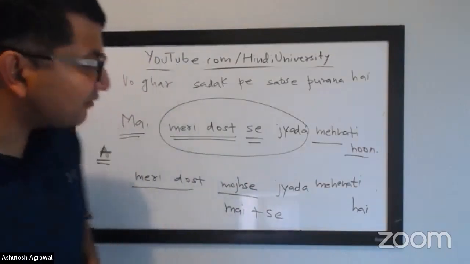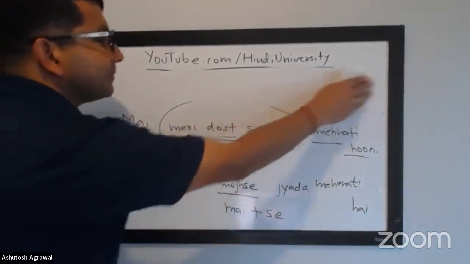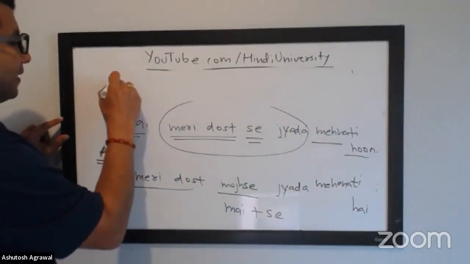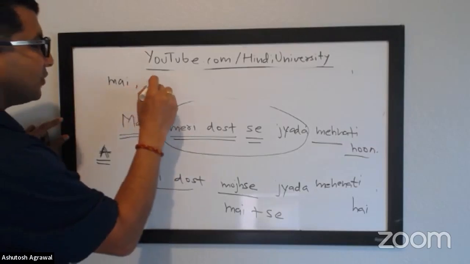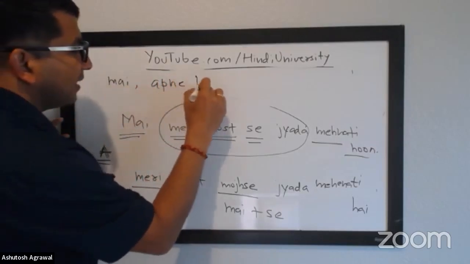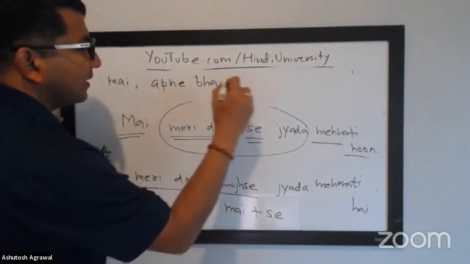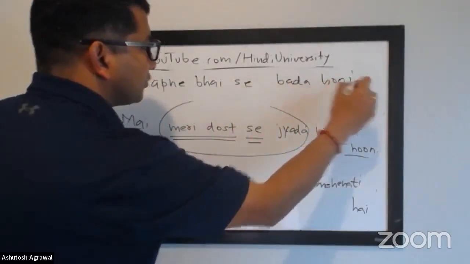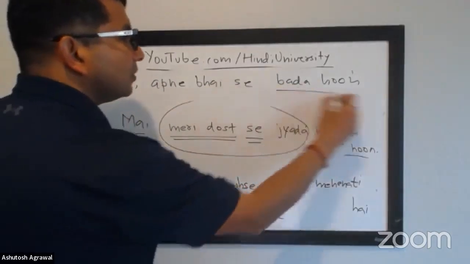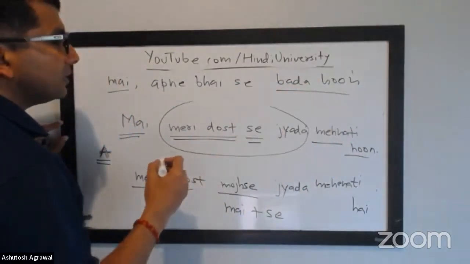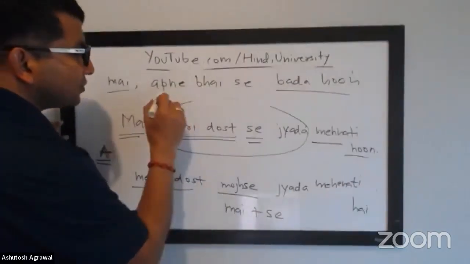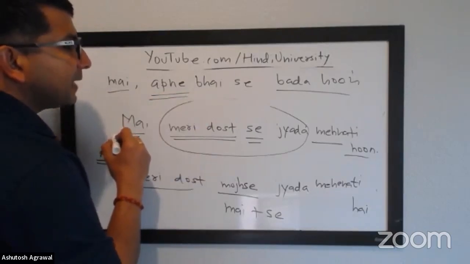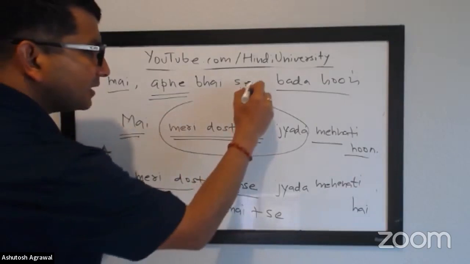You can force yourself: मैं अपने भाई से बड़ा हूँ, which is basically मैं बड़ा हूँ, I'm older, but you want to really force using this अपना construct here. Is that what you were thinking, Linda ji?